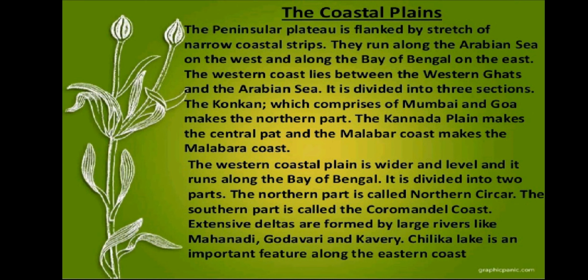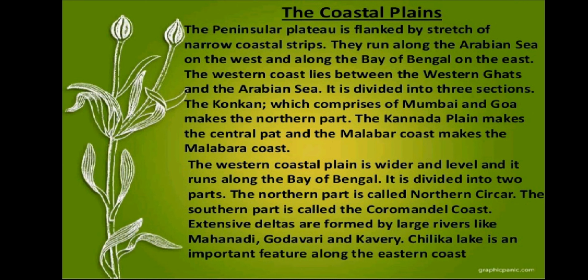Kindly note it down. The Konkan, which comprises Mumbai and Goa, makes the northern part. The Kannada plain makes the central part, and the Malabar coast is in Kerala. Means Mumbai and Goa is the Konkan plain.